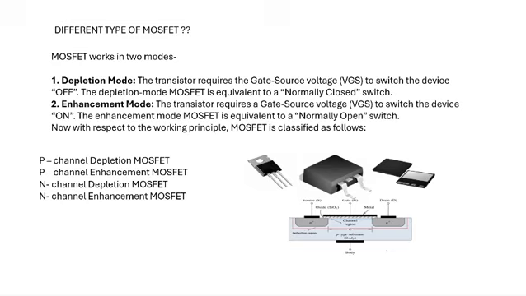Enhancement mode: the transistor requires a gate-source voltage VGS to switch the device on. The enhancement mode MOSFET is equivalent to a normally open switch. Now, with respect to the working principle, MOSFET is classified as follows: P-channel depletion MOSFET, P-channel enhancement MOSFET, N-channel depletion MOSFET, N-channel enhancement MOSFET.